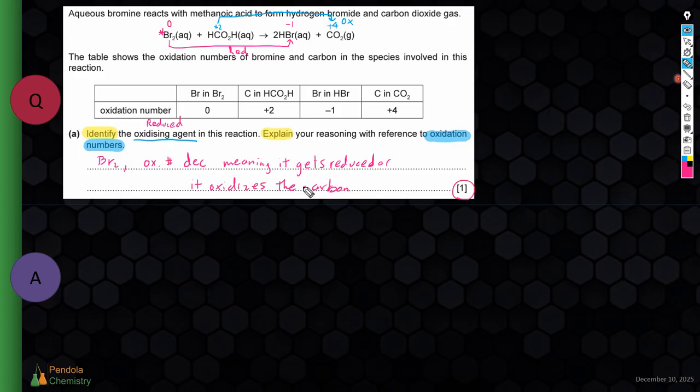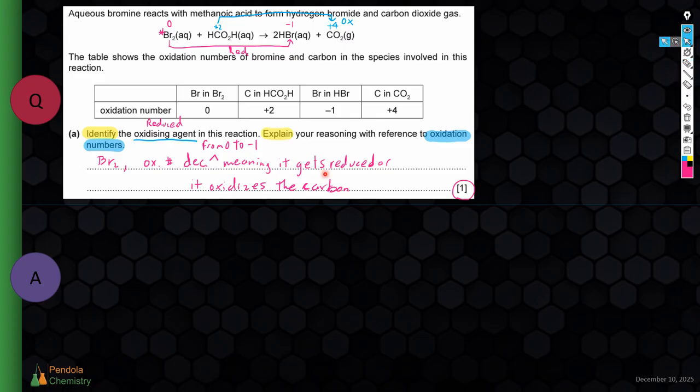So we need to explain, but notice how I didn't just say it's Br2 because it's getting reduced, because the question says with reference to oxidation numbers, meaning I need to include the oxidation numbers in my answer. In fact, instead of just saying the oxidation number decreases, I should and could really say the oxidation number decreases from 0, because I have the specific numbers, to -1.